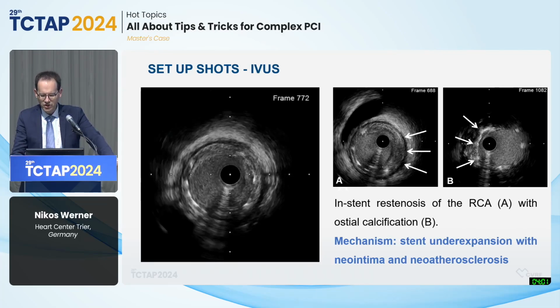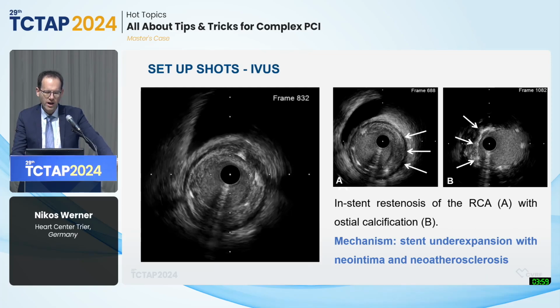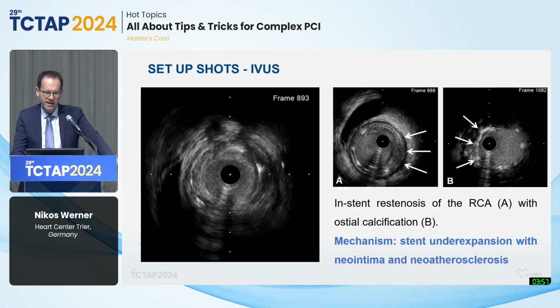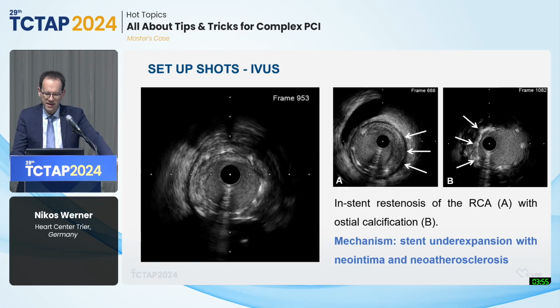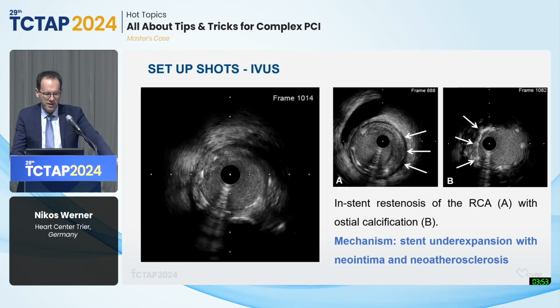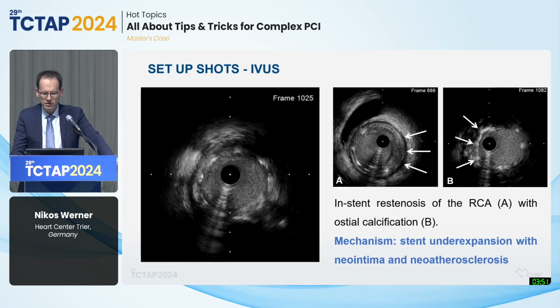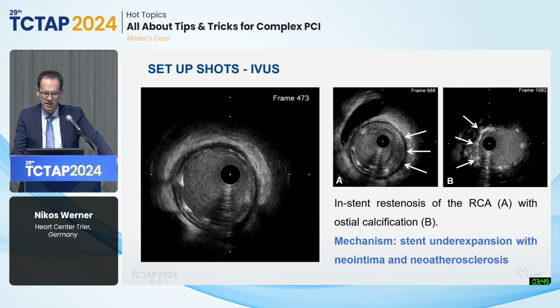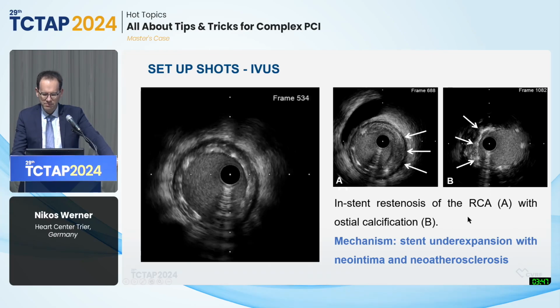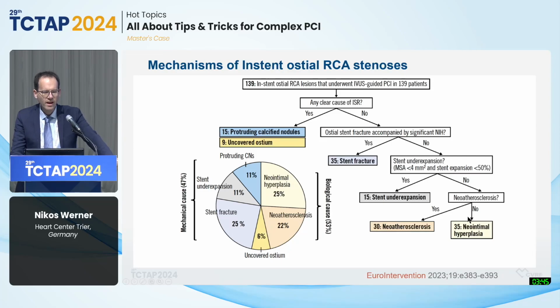So the mechanism of the in-stent restenosis is stent under expansion with additional neointima and neoatherosclerosis, which you can nicely see here within the stent. So I think it's very important to dissect the mechanisms of in-stent restenosis, especially in the ostial RCA.